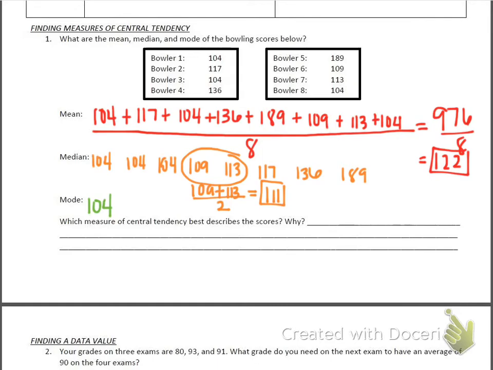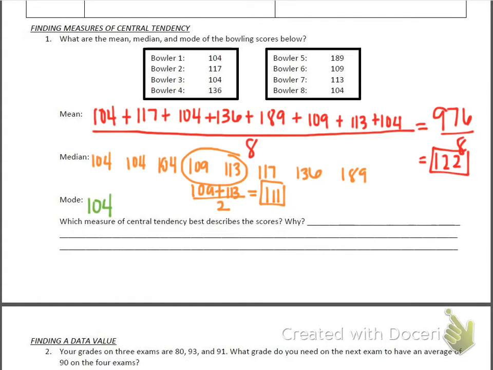So then the question was, is 189 considered an outlier? What do you notice about the mean? Is it considerably bigger than our median value? Yeah, so what's going on here? Is 189 an outlier?